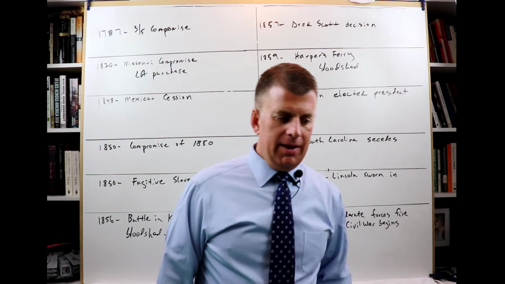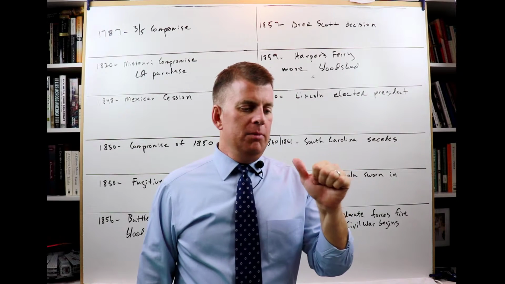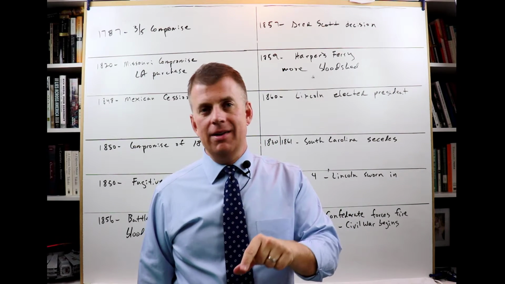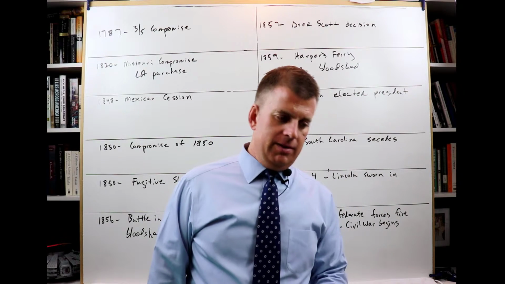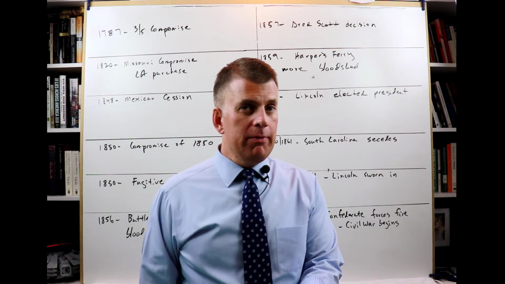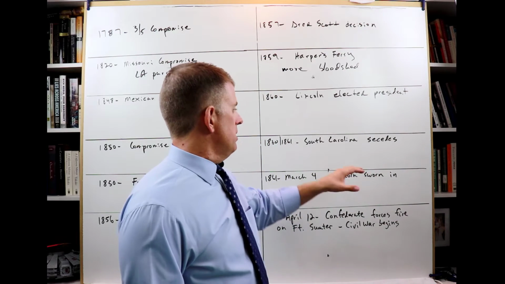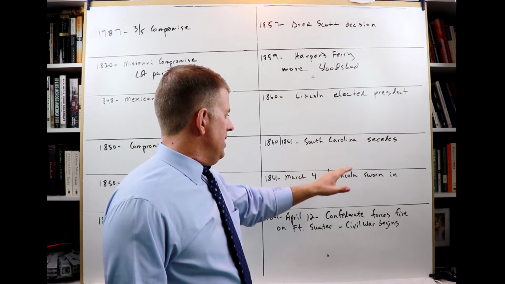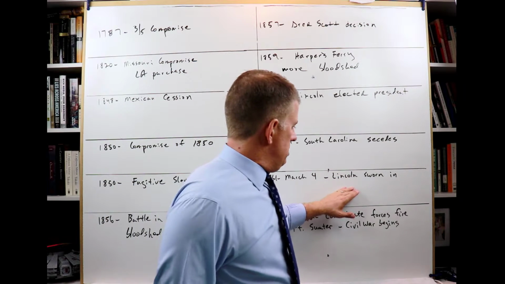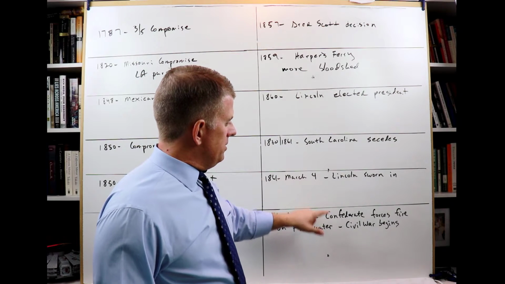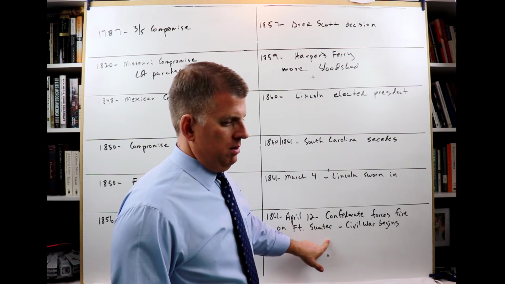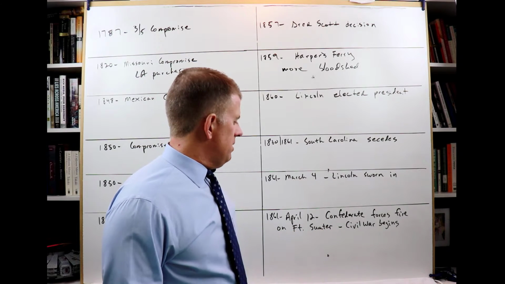All right, South Carolina secedes, and then Mississippi goes, Florida goes, Alabama goes, Georgia, Louisiana, and then the state of Texas. And they form the Confederate States of America, and it all happens before Lincoln becomes president. Okay, it all happens before he becomes president, and then he's sworn in. And right after he's sworn in, a month after he's sworn in, Confederate forces fire on Fort Sumter.